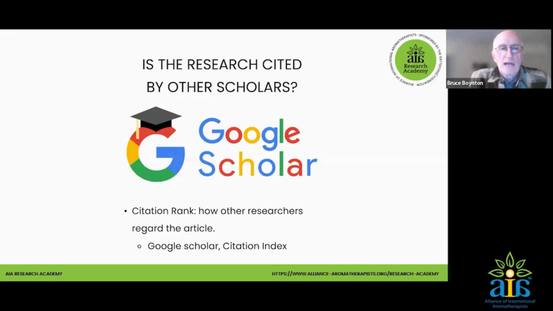And you can find citation rank in Google Scholar or Citation Index. Sometimes this is overdone. For instance, if someone pioneers a new method and that method takes off, even though maybe they didn't have any big conclusions, still that has an impact on the field because all the other scholars are going to it to use your method.